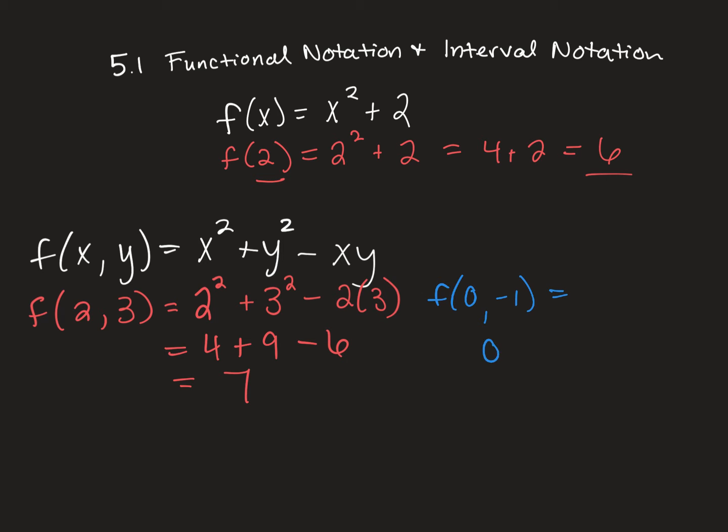So 0 squared plus negative 1 squared minus 0 times negative 1. So 0 squared is 0, negative 1 squared is 1, 0 times negative 1 is 0, so our answer would be 1. You're just plugging those values into your function and finding the answers.